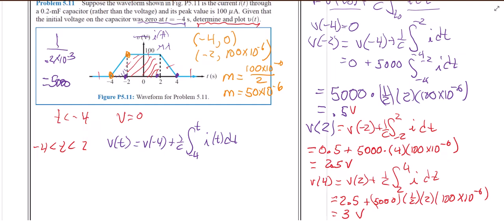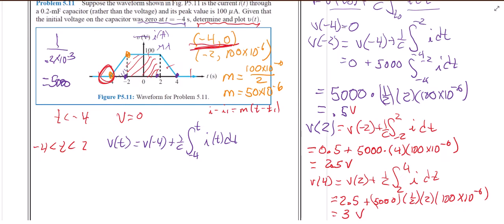And then if you just go back and remember y minus y1 equals m times x minus x1, and do the same thing here. Our y is I, and our x is t. So it's I minus I1 equals m times t minus t1. So let's just use this point right here, which is -4, 0.